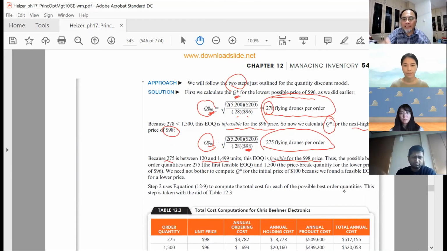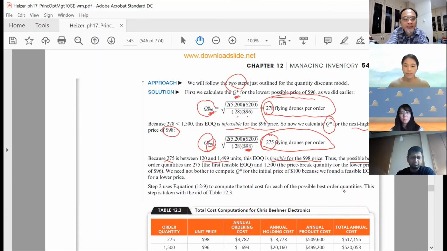Then only can you get the price of 96. But in the case of 98, the quantity range is between 120 and 1,499, so this EOQ of 275 is feasible. It is acceptable.